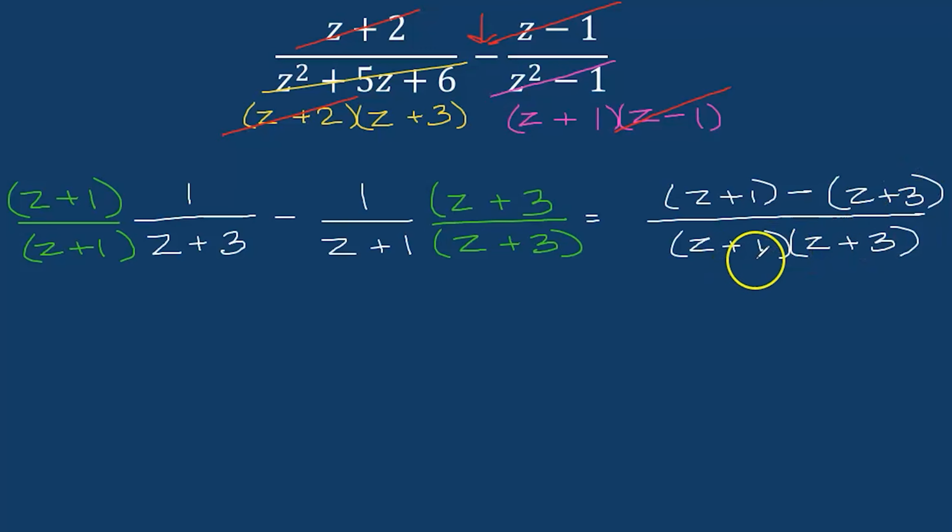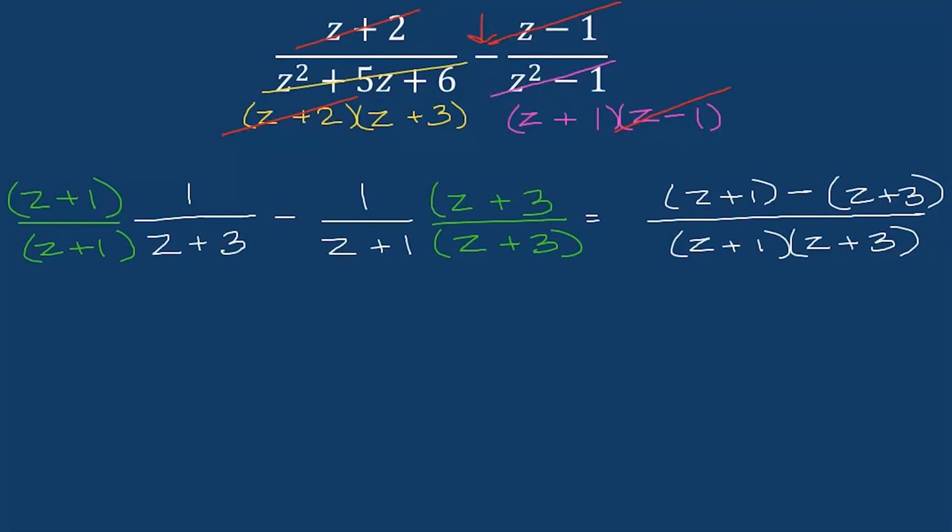Now, a common mistake that students make at this point is you think that you can cancel these because it's up and down. If this was multiplication, that would be true. Since it is subtraction, you cannot.